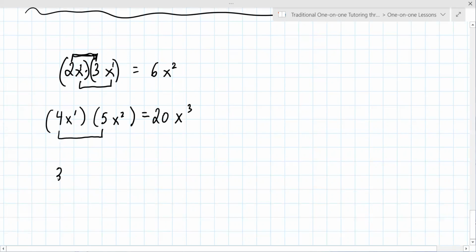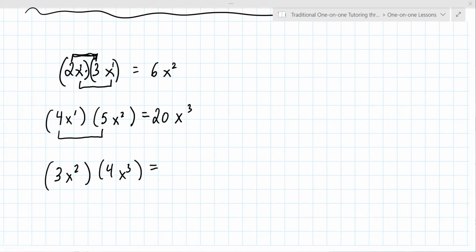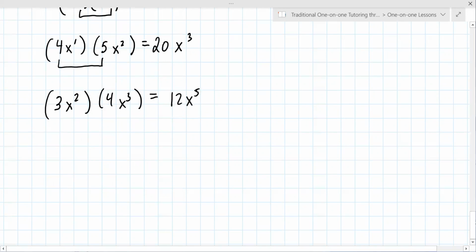What is 3x squared times 4x cubed? 12x to the 5th. Excellent. Now we're going to make this a little more difficult.